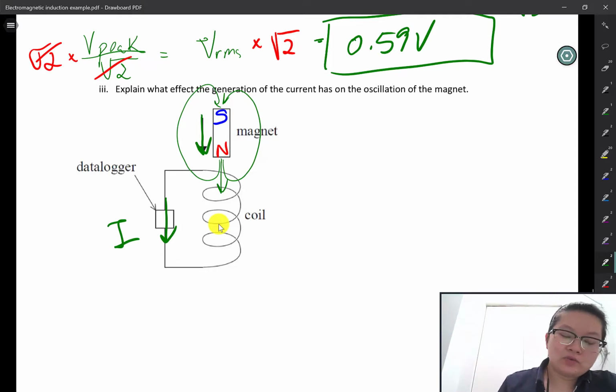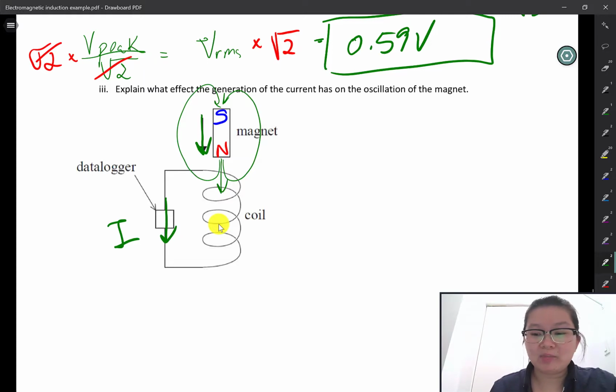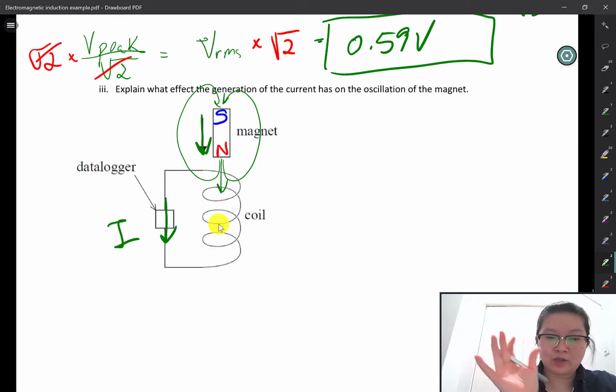So whenever we have a current through a coil, it creates a temporary magnet called an electromagnet. So for this electromagnet, if we use our right hand rule, take your right hand and curl your fingers around the coil in the direction of the current.